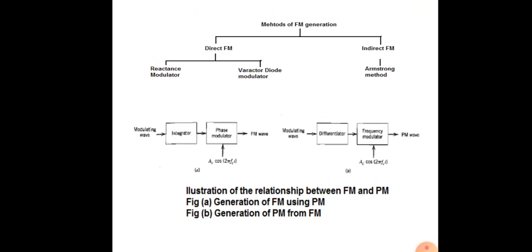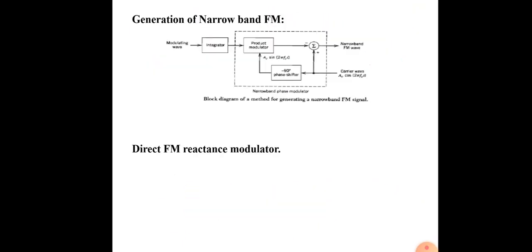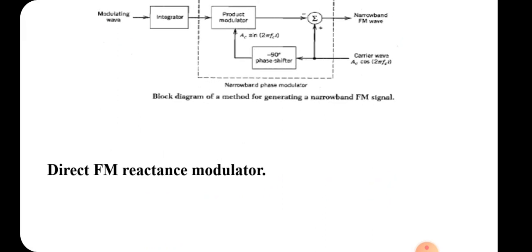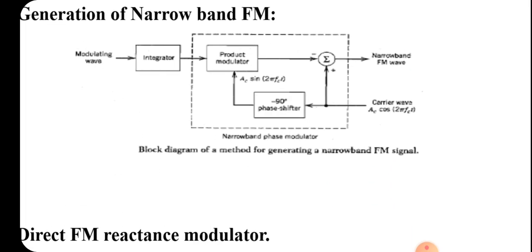Next we enter the generation of FM signal. First is the generation of narrowband FM. The components present are the integrator, the product modulator, the minus 90-degree phase shifter, and the summer. These four components act together to generate the narrowband FM. The modulating wave enters the integrator and then the product modulator.